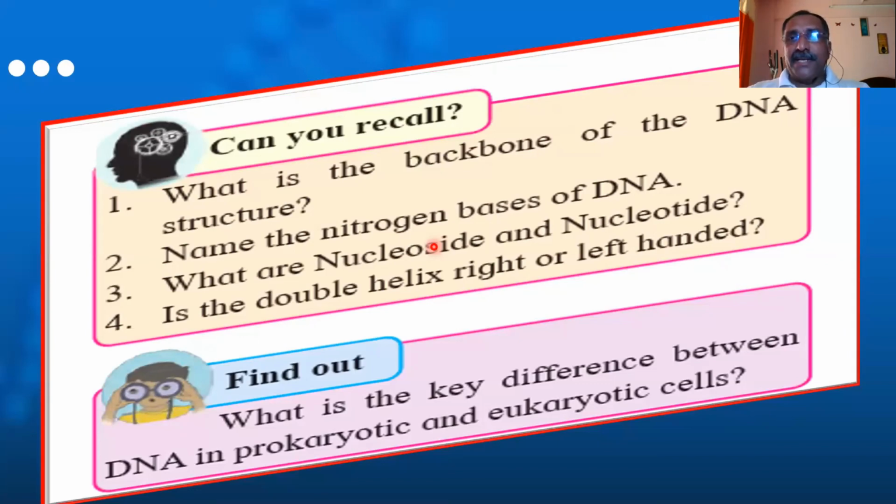That is why we say DNA is a polynucleotide chain. Now, what is there in a nucleotide? The nucleotide is the basic unit of DNA. That basic unit contains 3 things. Can you tell me what are those 3 things?